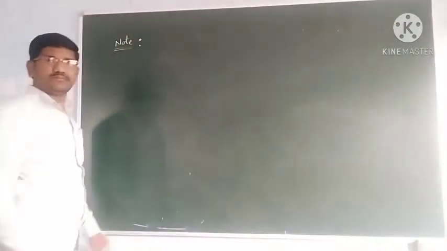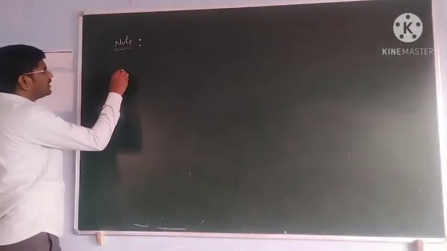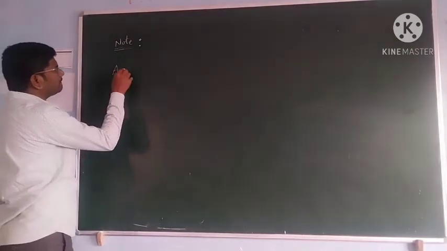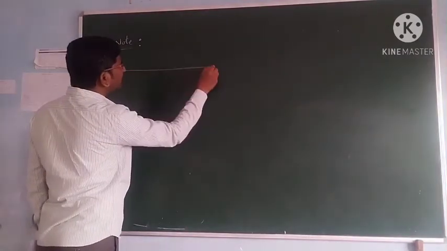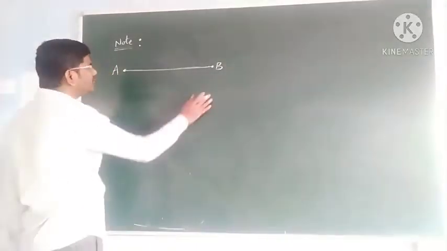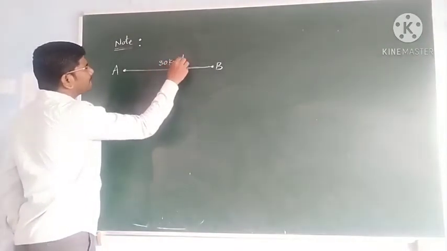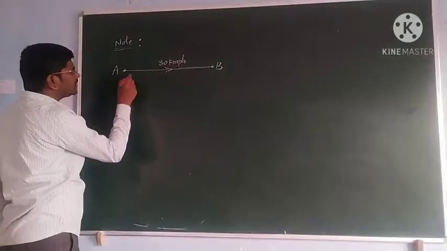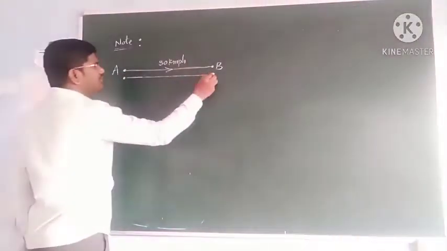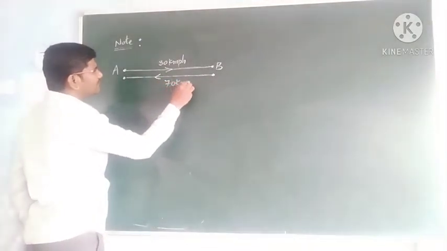For example, an object has traveled from point A to point B with a speed of 30 kilometer per hour, and from B to A with a speed of 70 kmph.